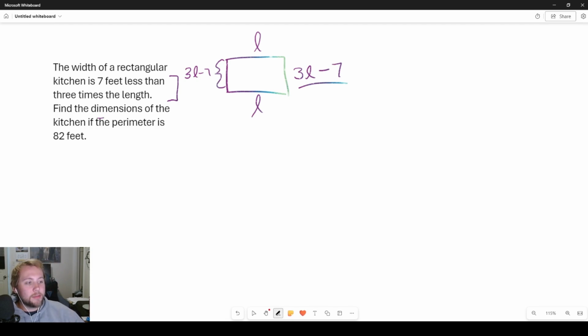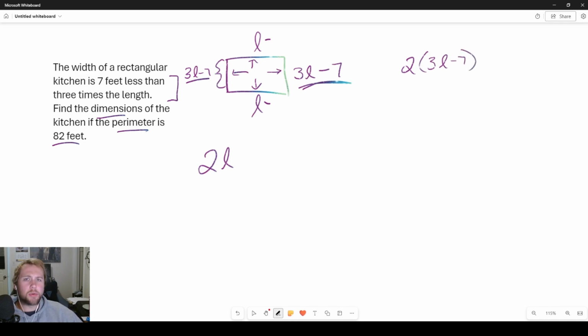It says find the dimensions of the kitchen if the perimeter is 82 feet. Remember, perimeter is all the sides added together. It's the outline of a rectangle. So I need to add length plus length, which is just 2 times length. And I need to add 3L minus 7 and 3L minus 7. You could also do just 2 times 3L minus 7, or you could add them together.